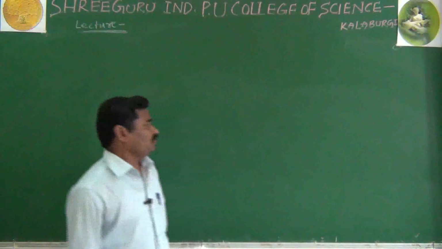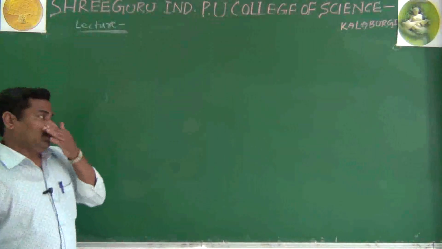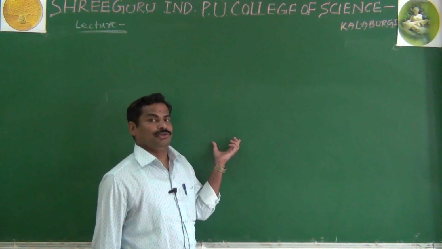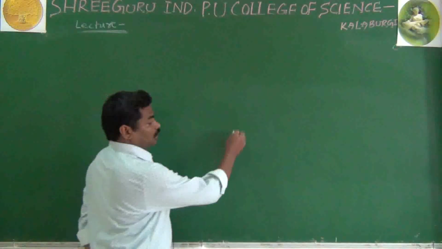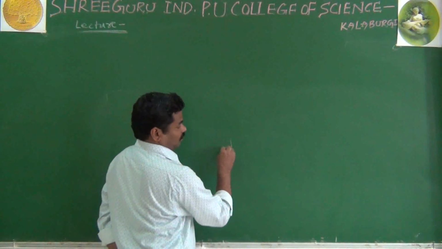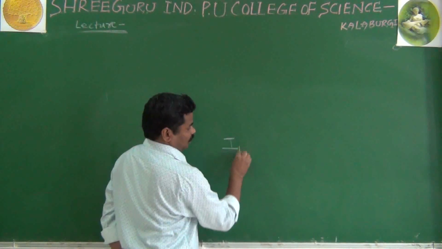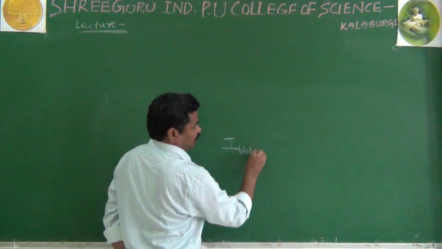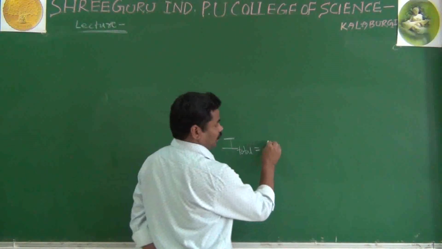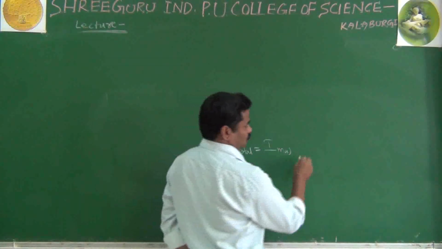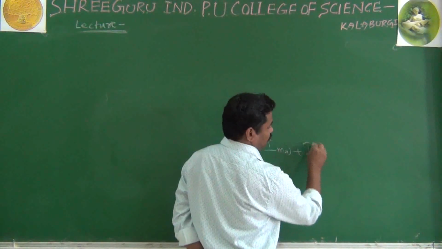And for your transistors, I said about the total current in a transistor. The total current in a transistor is I total, which equals I majority carriers plus I minority carriers.